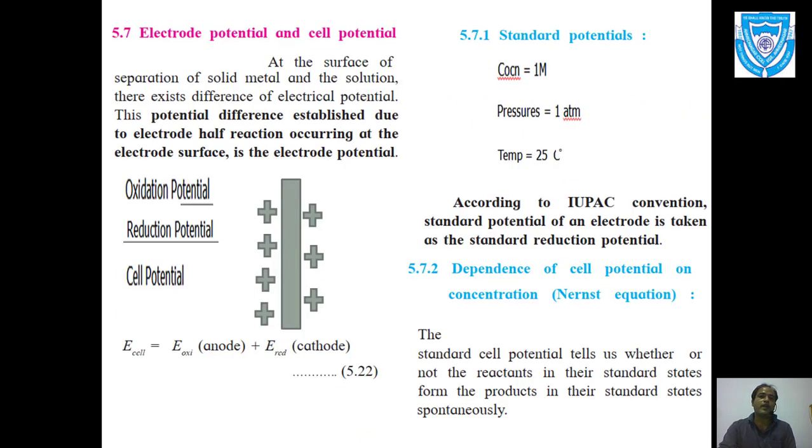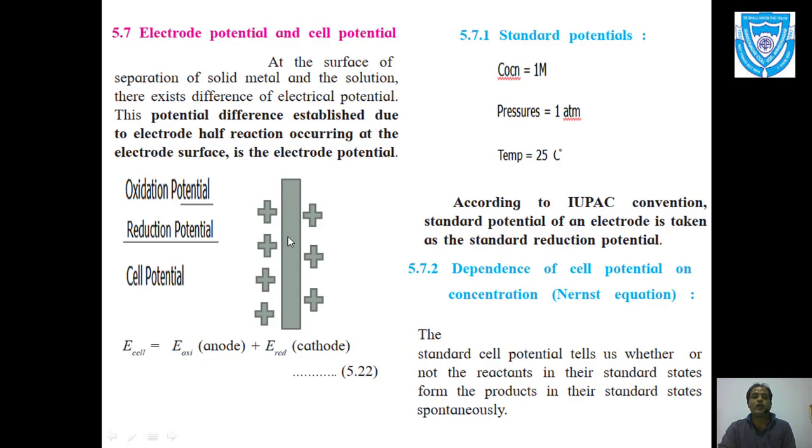Next, electrode potential and the cell potential. At the surface of separation of solid metal and the solution, there exists a difference of electrical potential. That means when an electrode is dipped in its ionic solution, we will consider one example, zinc dipped in zinc sulfate.